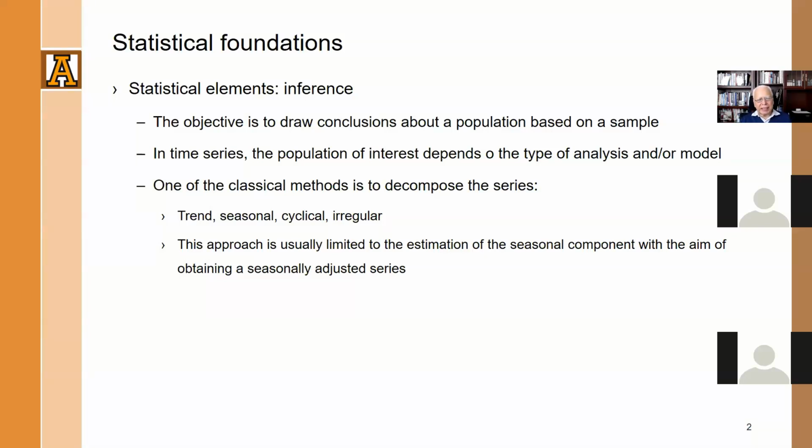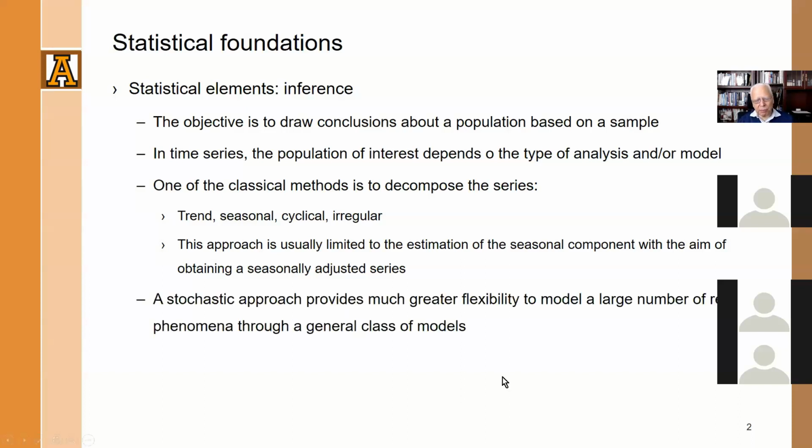When we decomposed the series into its trend, its seasonal behavior, and the noise part, it is not aimed at making inferences. It's aimed at estimating what the seasonal component is. And in most cases, economists in particular use this approach to deseasonalize time series, to remove the seasonal component of the time series.